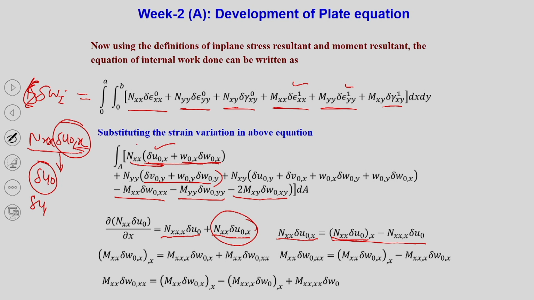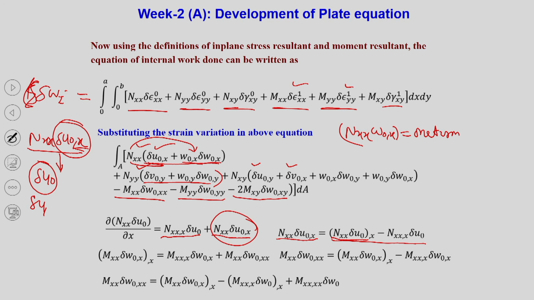This term, this term, this term, you can proceed in the same way. Similarly, you have a contribution due to this. Here again you have to put Nxx w comma x as one term and then you have to proceed.